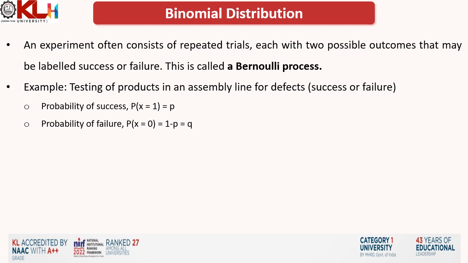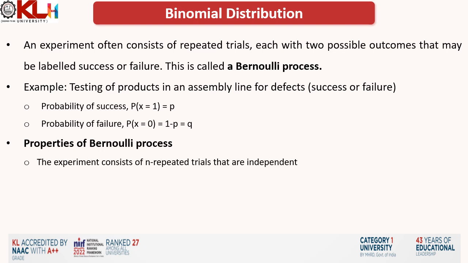So either the product has a defect or it doesn't. If we consider that as success and failure of the trial, then the probability of success, which is the probability of a random variable taking value 1, is equal to p, and the probability of failure is 1 minus p.